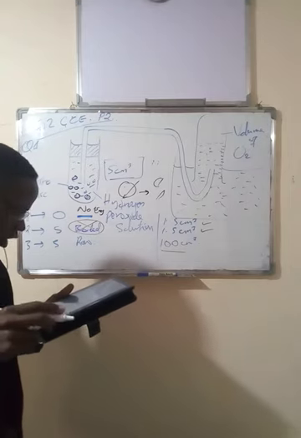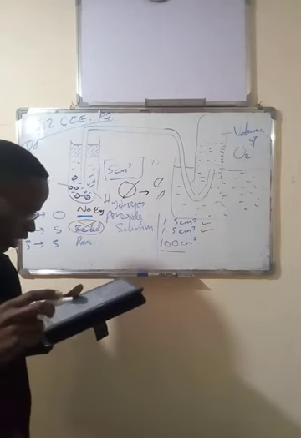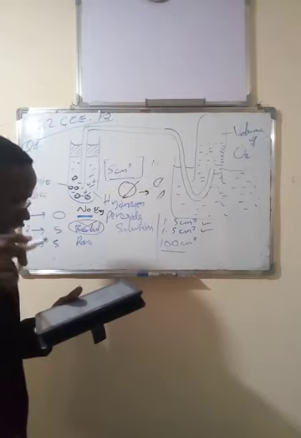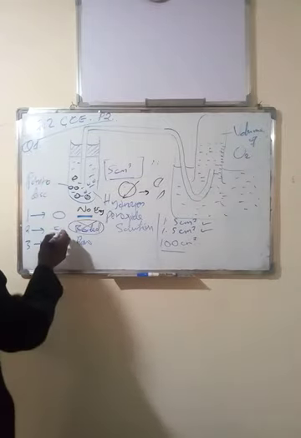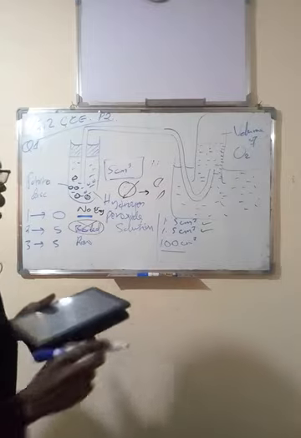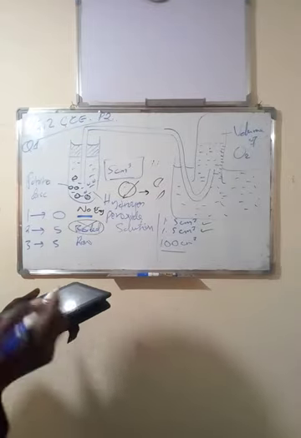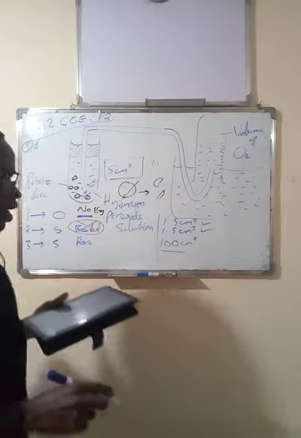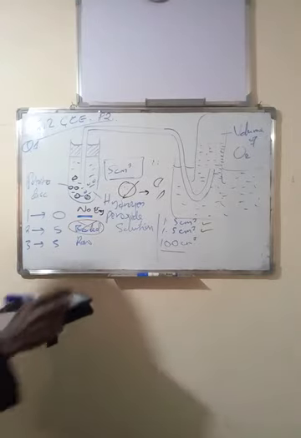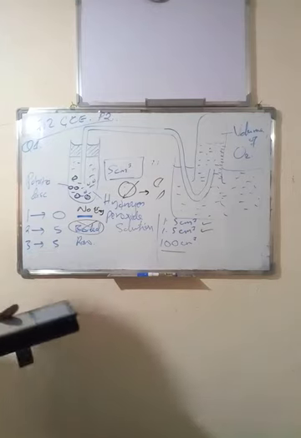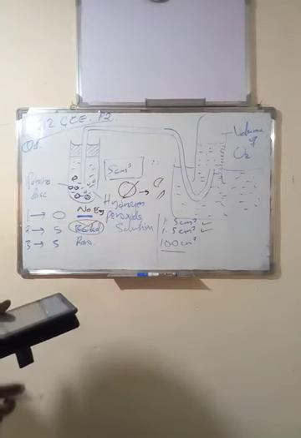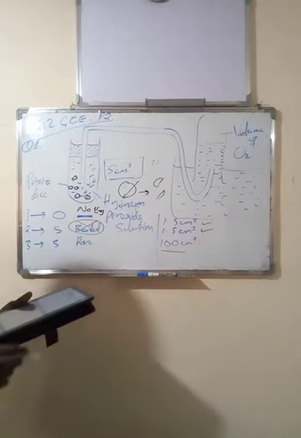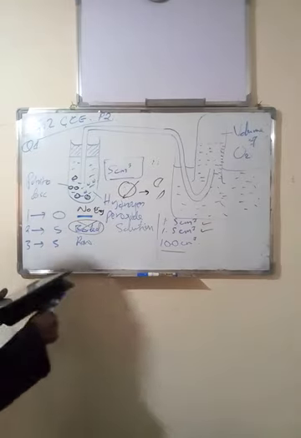Then part 2 says, give a reason for boiling the potato discs in experiment 2. The reason why the potato discs were boiled was to see the effect of temperature, or simply to denature the enzymes in the potato discs. So that is part 2.